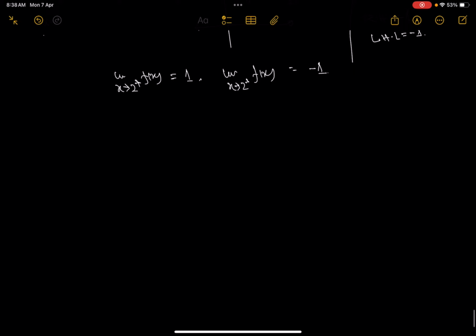Then some properties of limit, the basic properties.